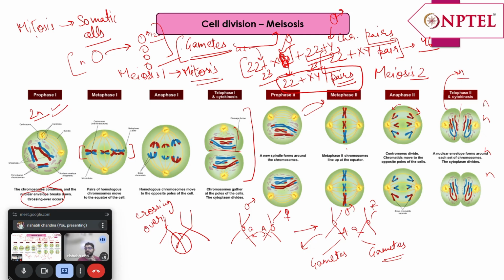So any more doubts? No. In prokaryote cells, the division is totally different. This is only in the eukaryotic cells that we can see.